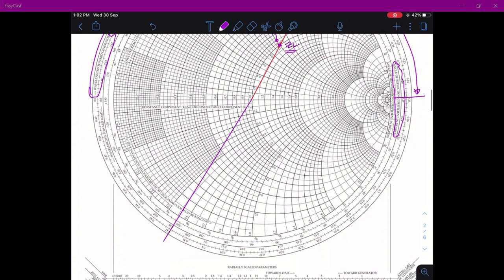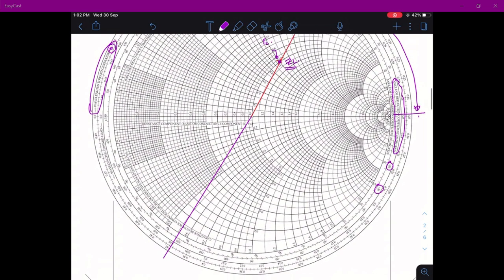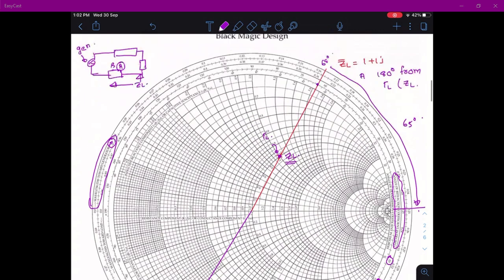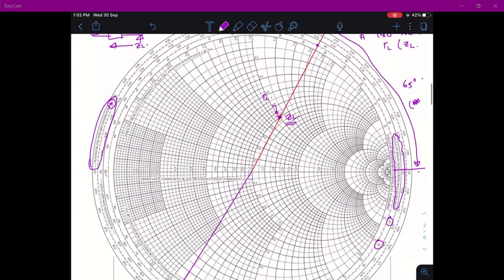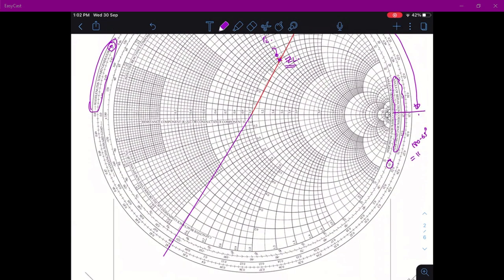Okay, and you see the markings here, this is minus 20, minus 30. To complete 180 degree, you need to move now 180 minus 65 degree, which is equal to 115 degree. So you check the markings here, minus 30, minus 40, minus 90, minus 10, so something around here.